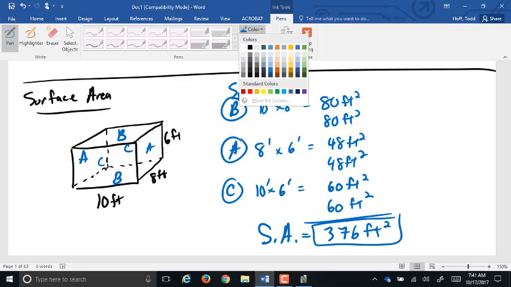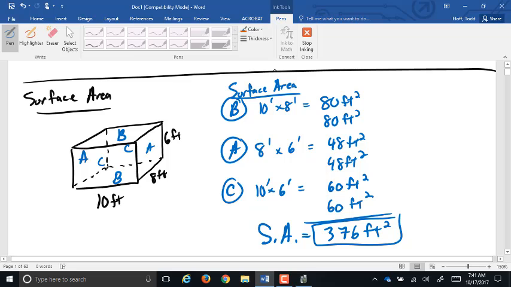Well, for a box, that works just fine. But what I want to do is break it up and make it a little bit more straightforward. And to do that, I'm actually going to define an extra thing called lateral surface area, or often just referred to as lateral area.